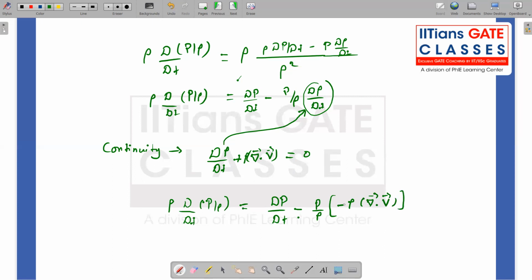So minus of minus is plus, and rho cancels. I am left with DP/Dt plus P times del dot v. It is straightforward; the left hand side is rho times D/Dt of (P/rho).